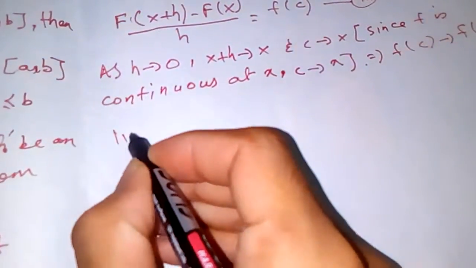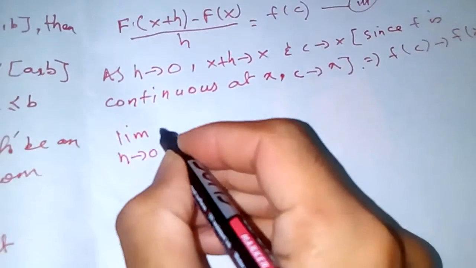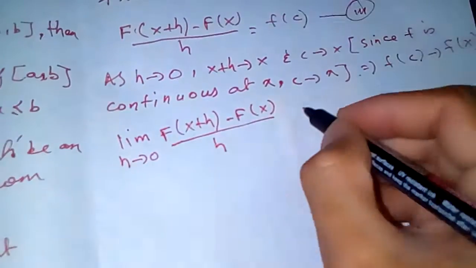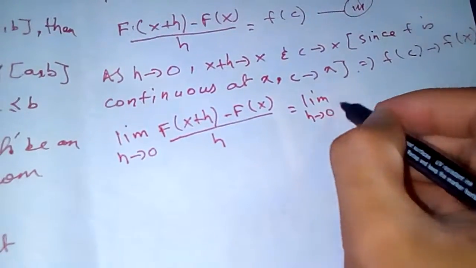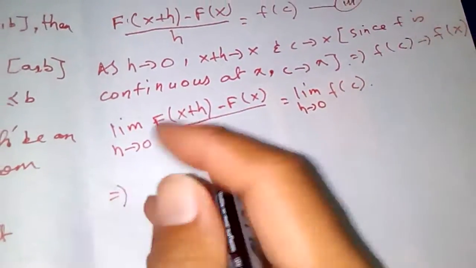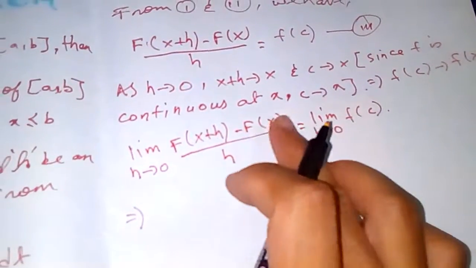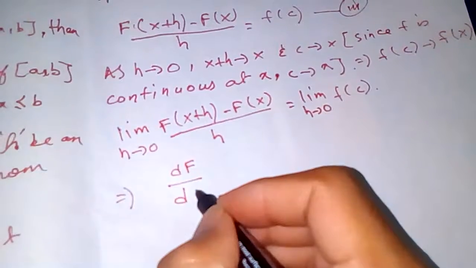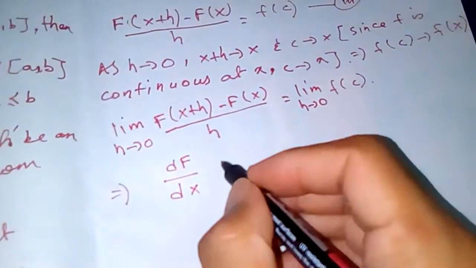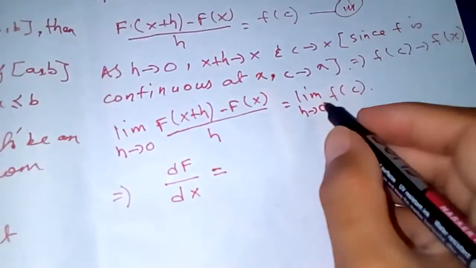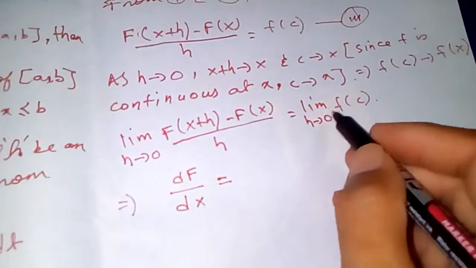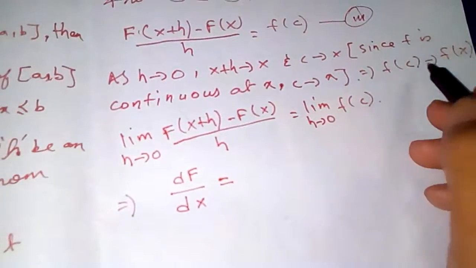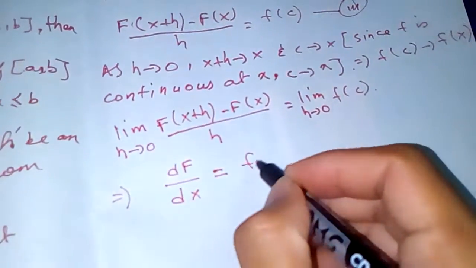Now when I take the limit on both sides, the limit as h tends to 0 of F of x plus h minus F of x over h is equal to the limit as h tends to 0 of f of c. The limit of F of x plus h minus F of x over h is nothing but the differentiation, d by dx of F. And the limit as h tends to 0 of f of c: this function f of c does not contain h, so the limit vanishes, and f of c tends to f of x.